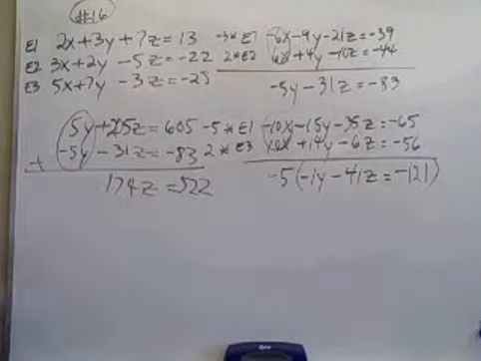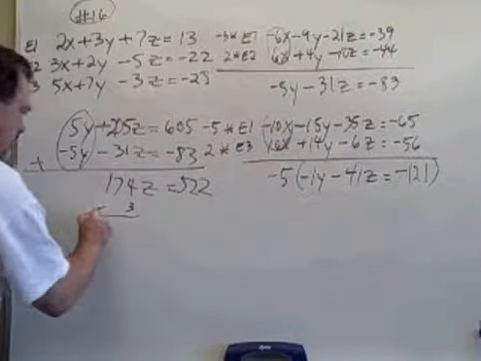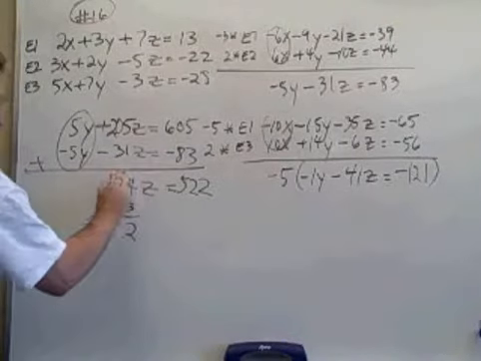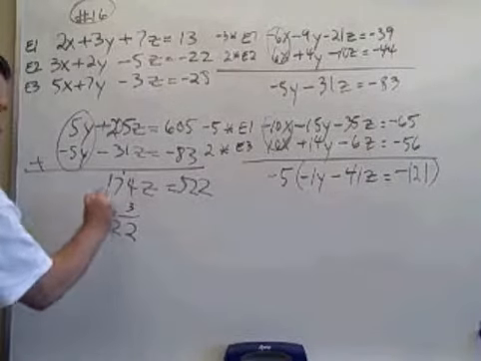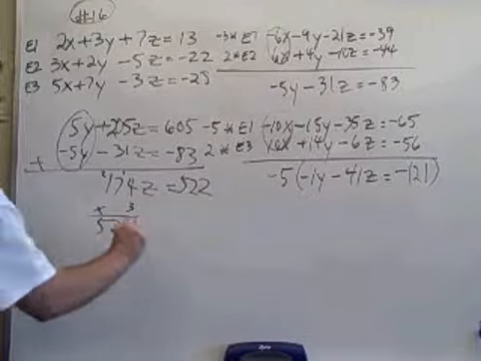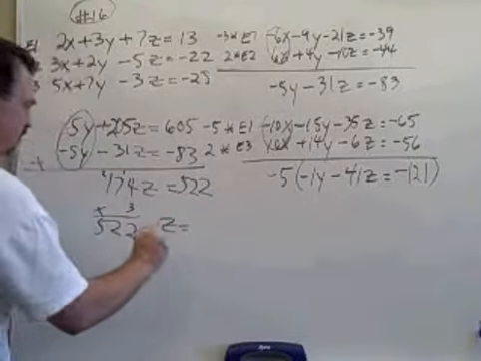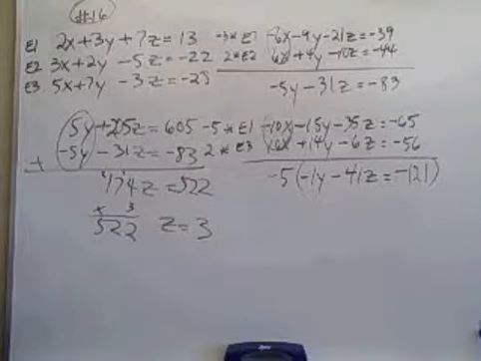And 522 divided by 174, I'm sure hoping that's 3. Let's see. 3 times 4 is 12, 2 carry the 1, 3 times 7 is 21, and 1 is 22, 2 carry the 2, 3 times 1 is 3, and 2 is 5. So z equals 3. Yeah, a lot of arithmetic work here.